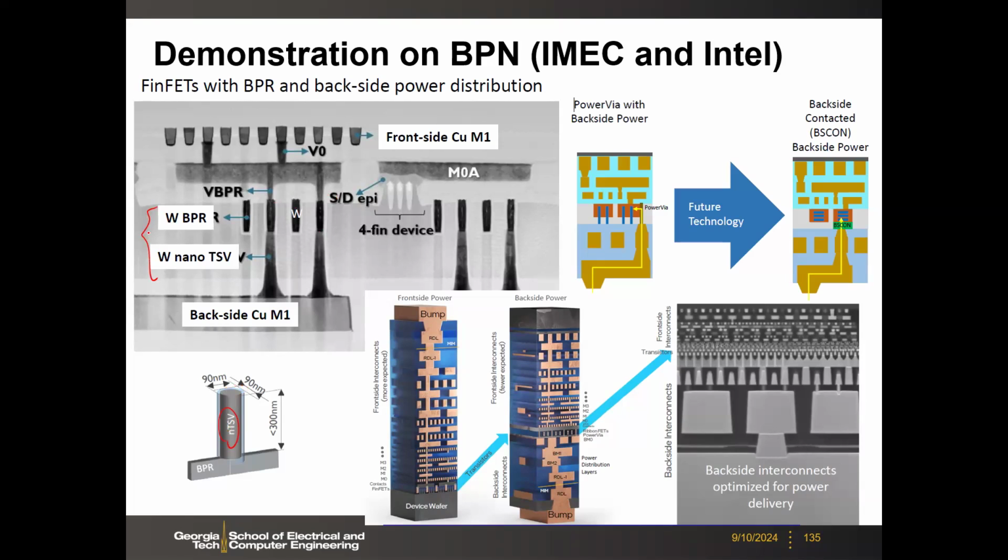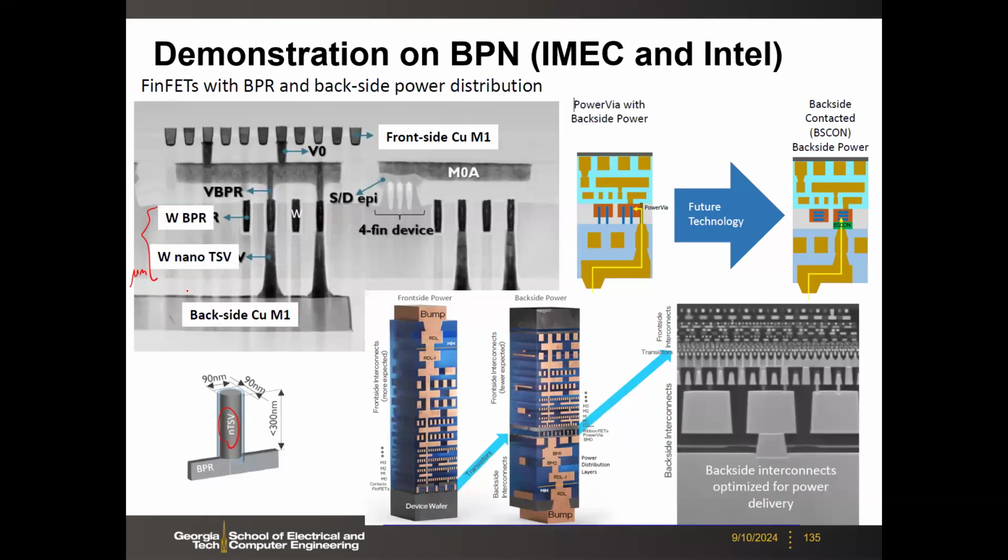Silicon substrate used to be 500 micrometer thick, right? If you have ever carried a silicon wafer, the thickness of the wafer is typically hundreds of micrometers. But in order for us to do this backside business, we have to thin down the silicon to maybe 1 micrometer or a few micrometers.